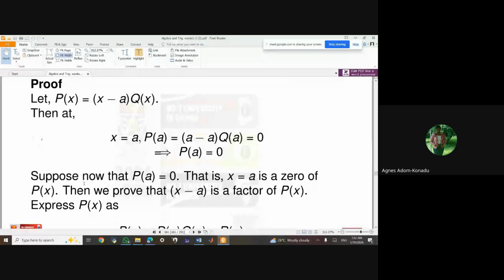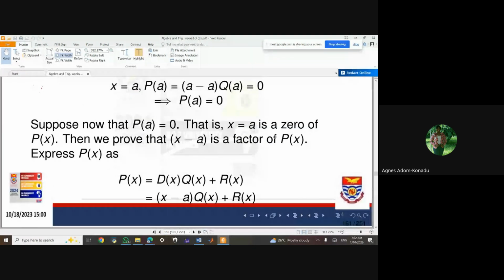Suppose now that p of a equal to 0. That is, x equal to a is a 0 of p of x. Then we prove that x minus a is a factor of p of x. So we express p of x as d of x times q of x. Okay, so first we've been able to prove that x minus a is a factor.